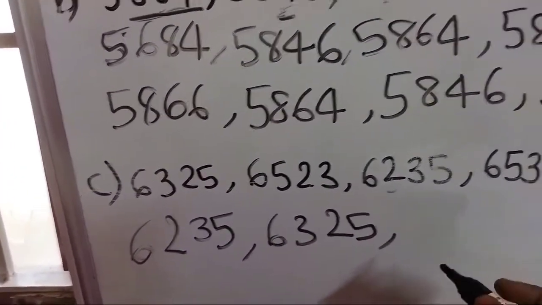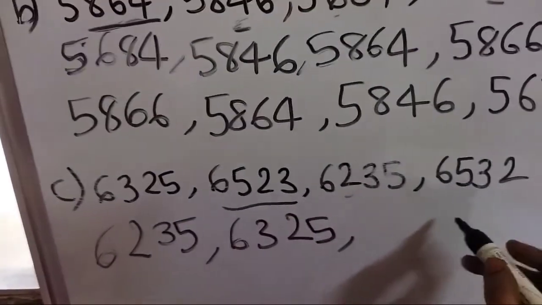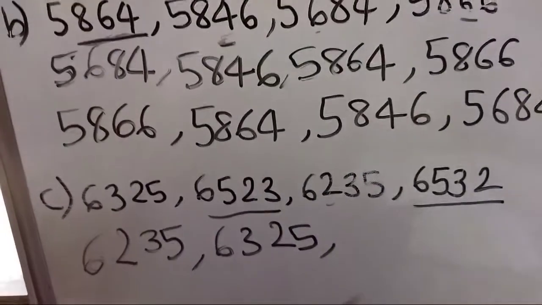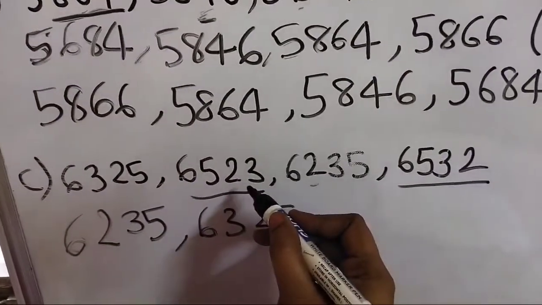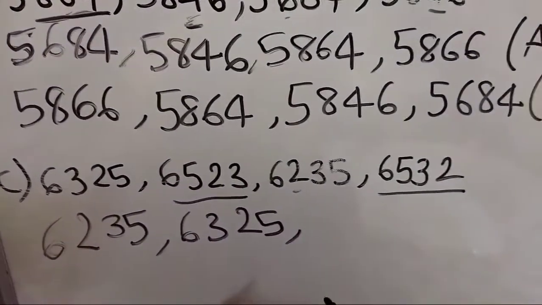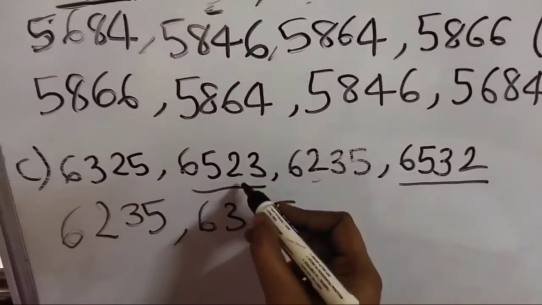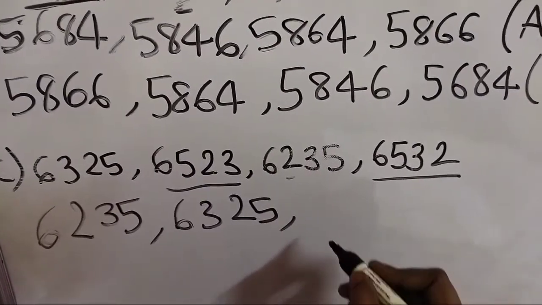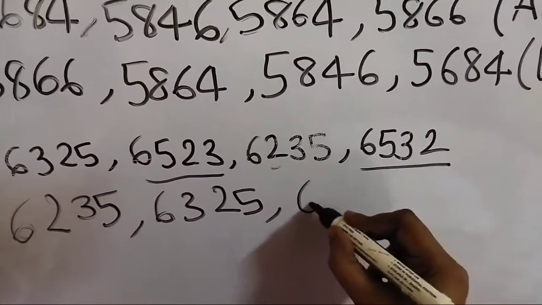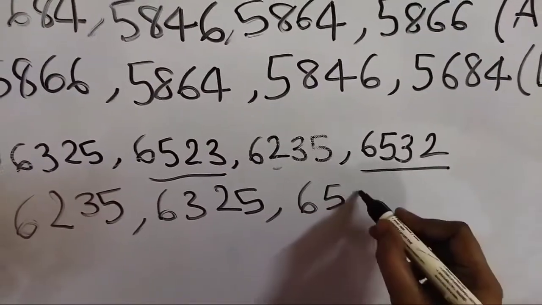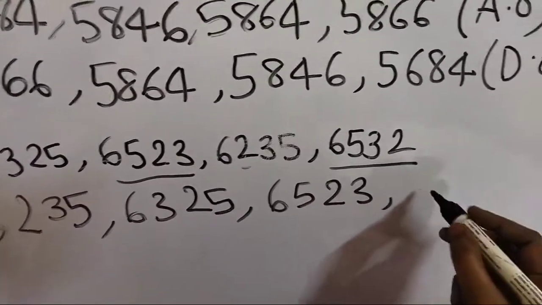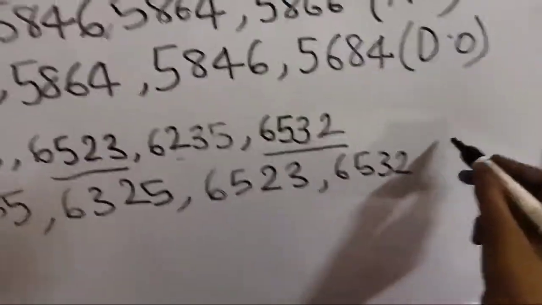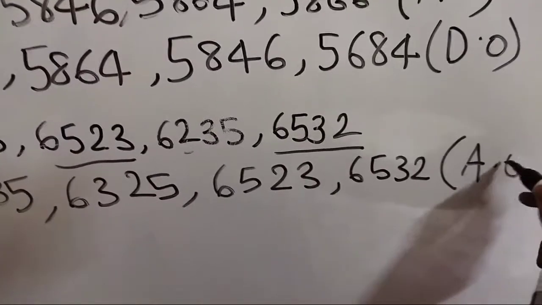For the remaining two numbers, hundreds place and thousands place are the same. So we see the tens place. What is the smallest number? 2 is the smallest number. So we write 6523. The remaining number is 6532. This is the ascending order of these numbers.